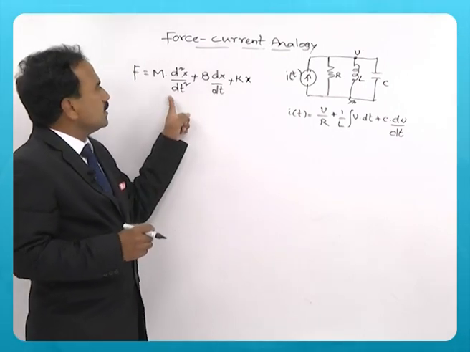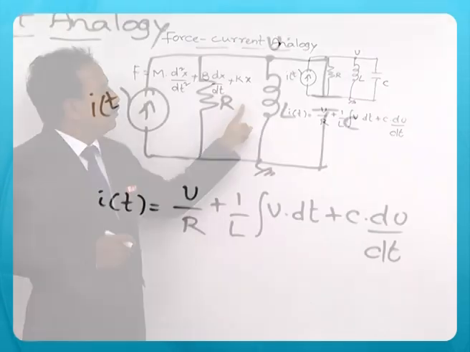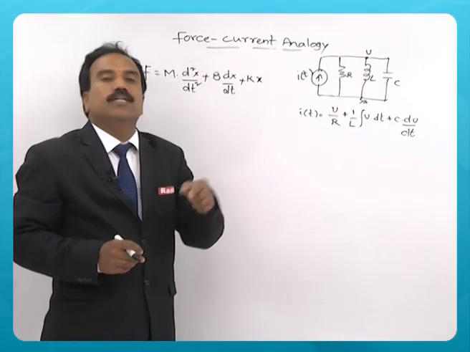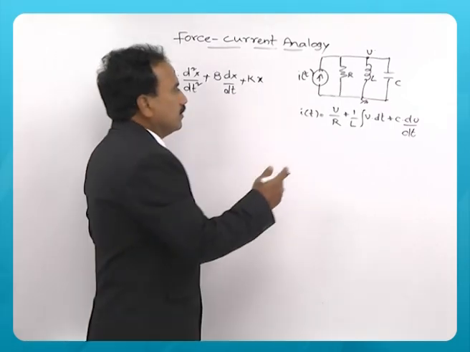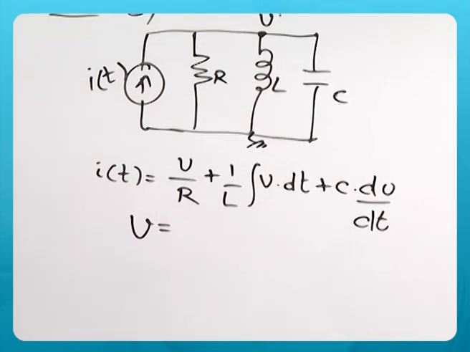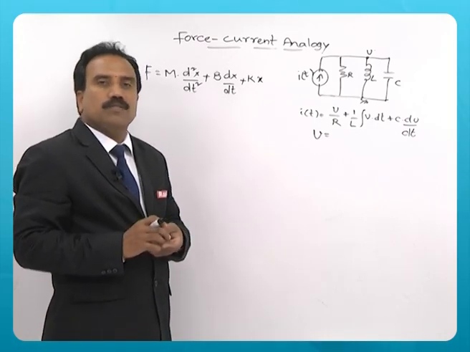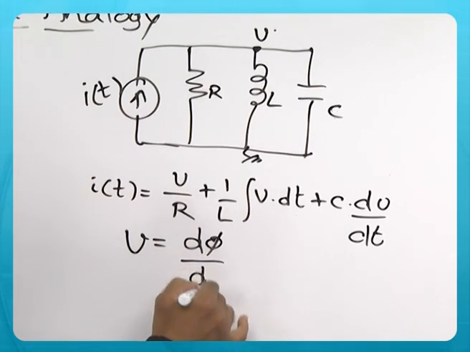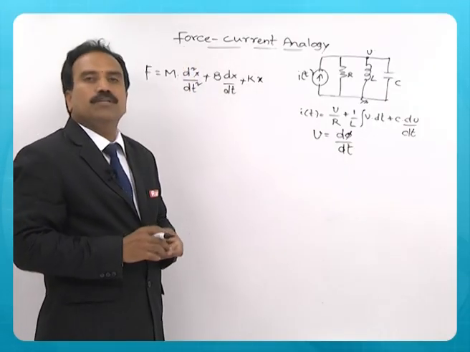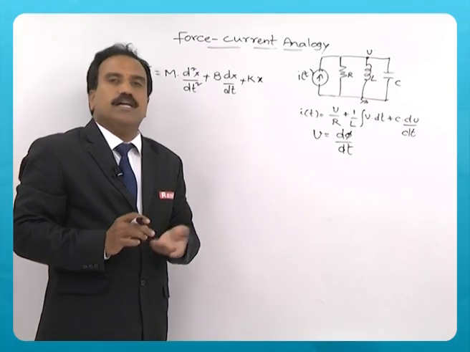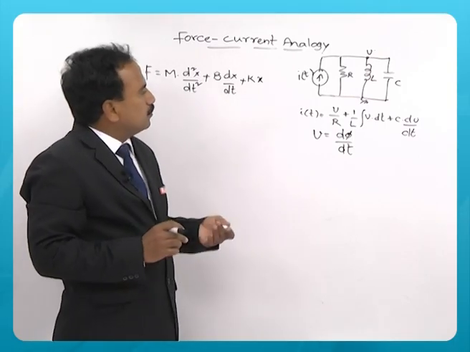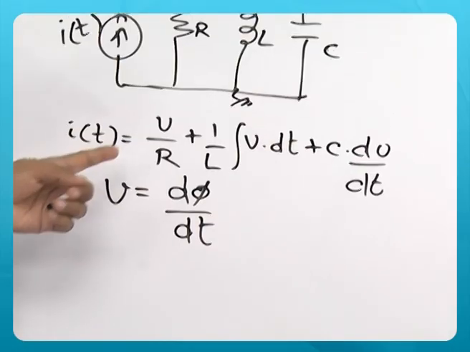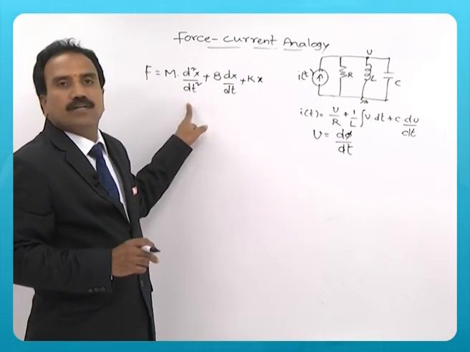Now, as this is a second order differential equation, I would like to have this integro differential equation also into a differential equation. So, as you are aware, according to Faraday's second law of electromagnetic induction, V is given by rate of change of flux linkages. So, d phi by dt, assume that n is 1. So, voltage is given by d phi by dt and substitute that here to get a second order equation.